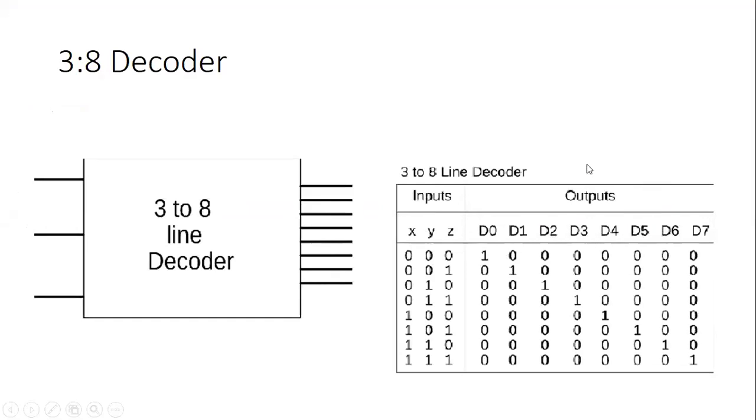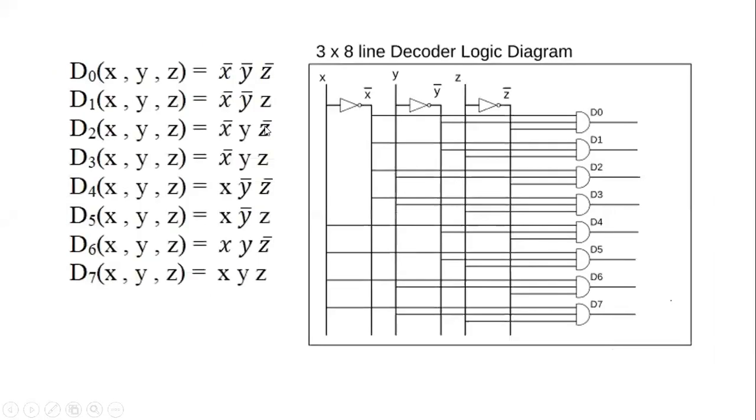So this is the complete truth table for the decoder. When it is 0, 0, 0, D0 will be 1. The same, you can write it in reverse order also, no worries. When it is 0, 0, 1, D1 will be high. When it is 0, 1, 0, D2 is high. Same thing what we have discussed in the programming.